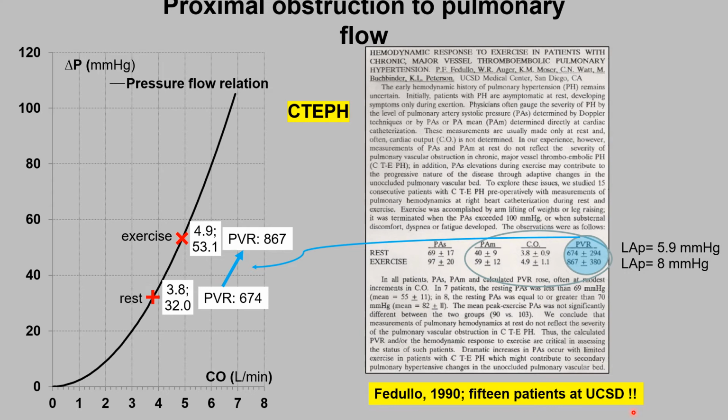Kenneth Moser was the author who described the chronic thromboembolic pulmonary hypertension study, did animal models in dogs and developed the surgery for relieving the obstruction. And they have the best results in the world for the thromboendarterectomy. At that time, in 1990, Peter Fedullo was brought into the Congress meeting.